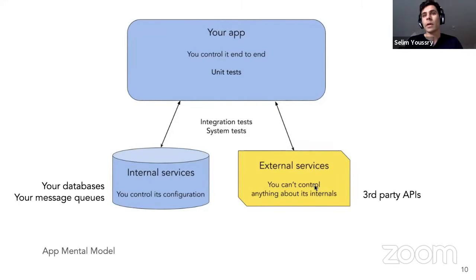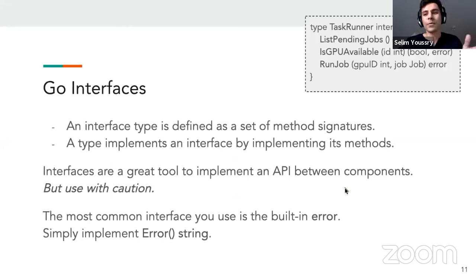Think of third-party APIs that you have credentials for and can interact with, but if they're down, they're down. There's nothing you can do about it aside from filing a ticket. So how do you ensure that your app handles behavior from those things that you don't have control over?